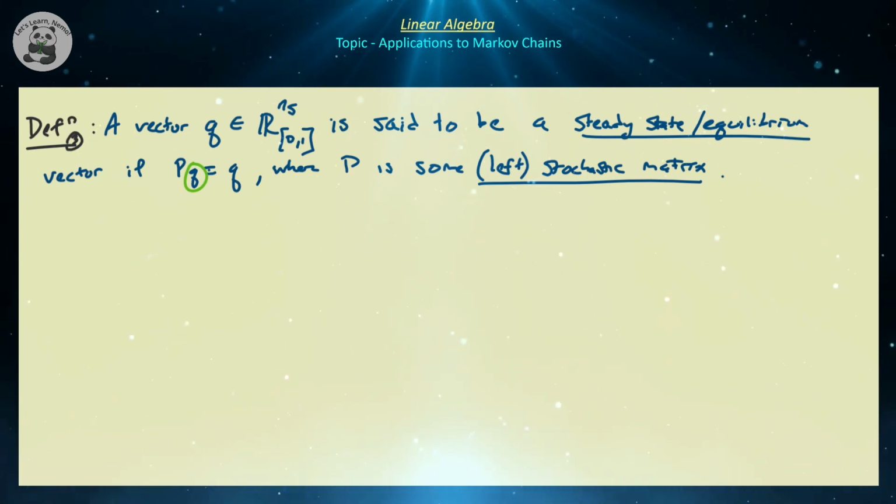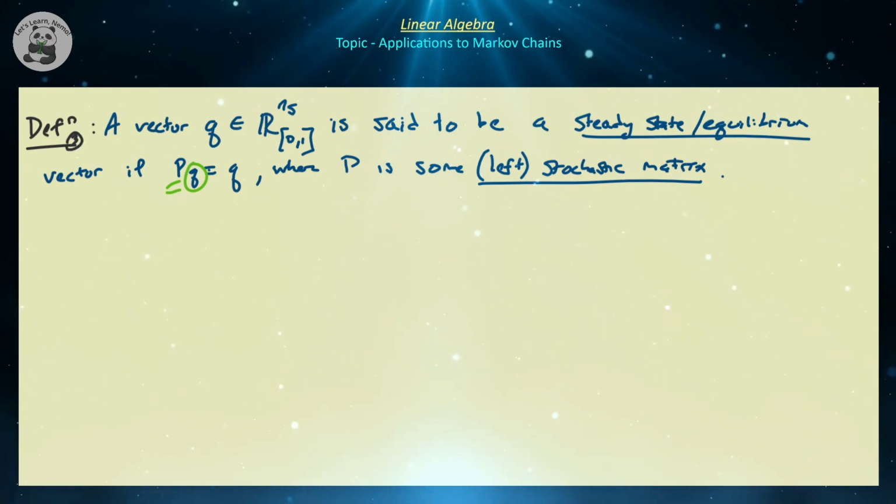It could be finite, it could be infinite, we don't know. And it stays steady, even though the probabilities of transitioning from one state to another remain fixed, and it's possible to change from one state to another. But those probabilities, regardless of the initial state, stay fixed, right? So that's what a steady state equilibrium vector is.